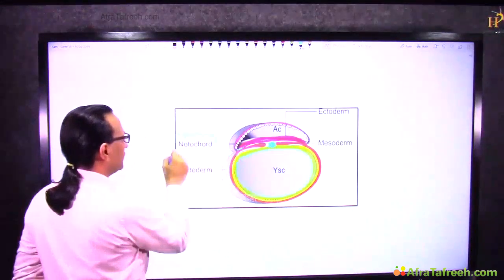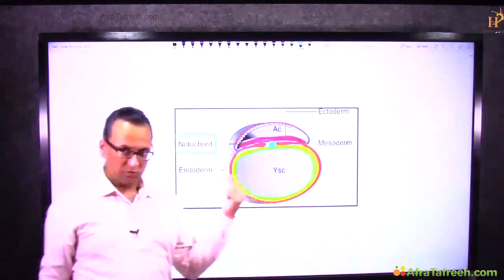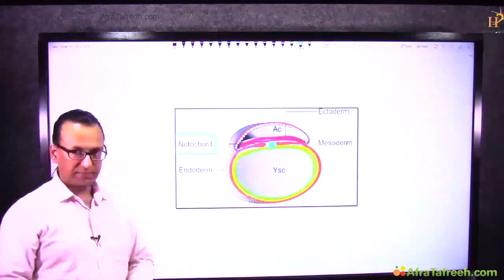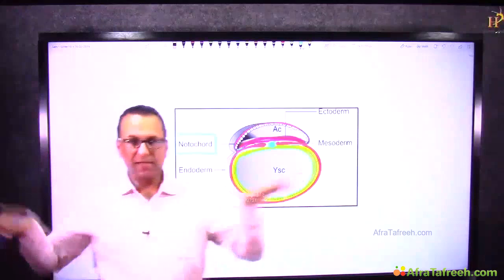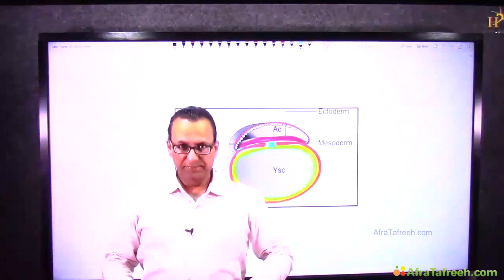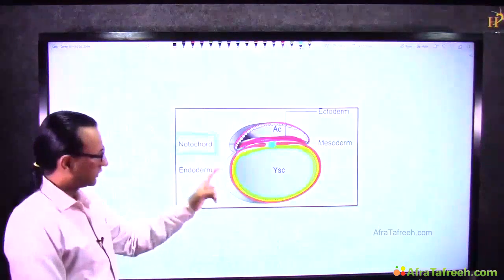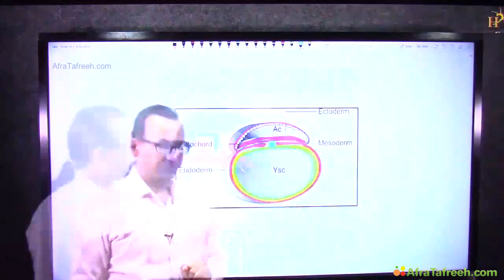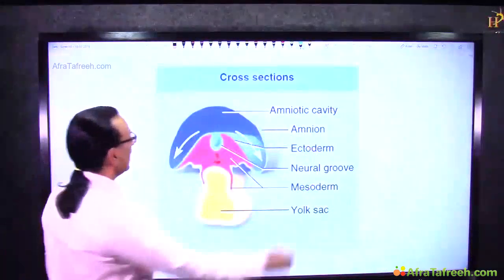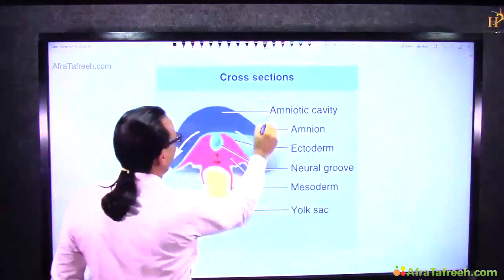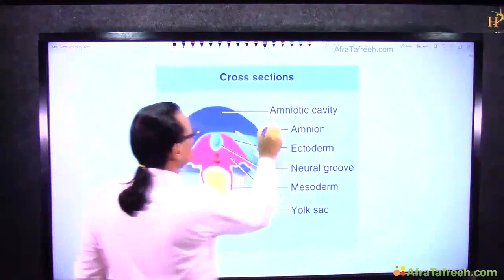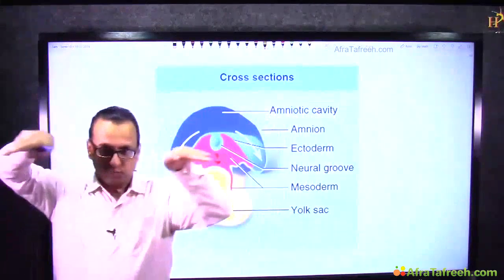So we will be talking about these details once more, but at this moment, as I am telling, there will be a lateral folding, and for that let us look at the next diagram. In this diagram you can notice the dorsal is the amniotic cavity, and this amniotic cavity is going laterally.